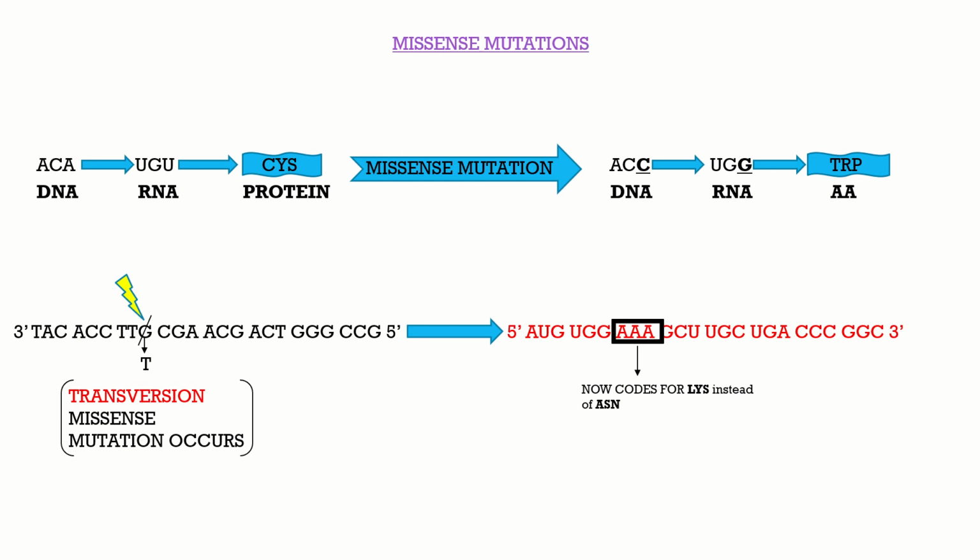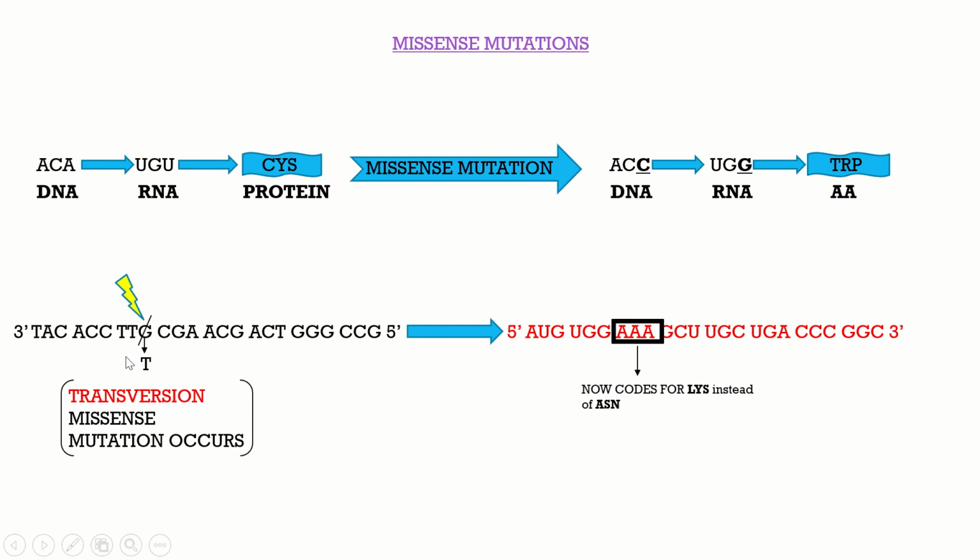Next, we have missense mutations. Missense mutations is when a base change causes an amino acid to become a different amino acid. So in the example from ours, this G here goes through transversion missense mutation, because again, G to T, and this causes our mRNA to become AAA here, because TTT from our original DNA.